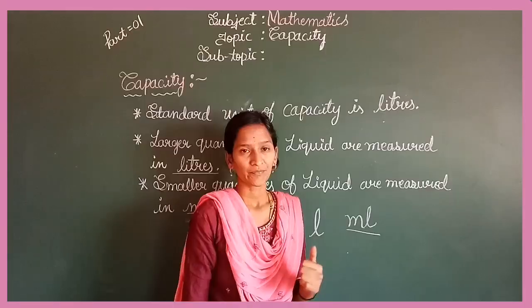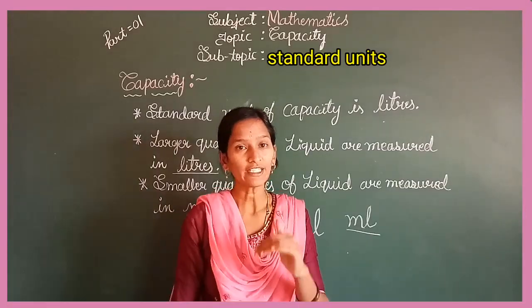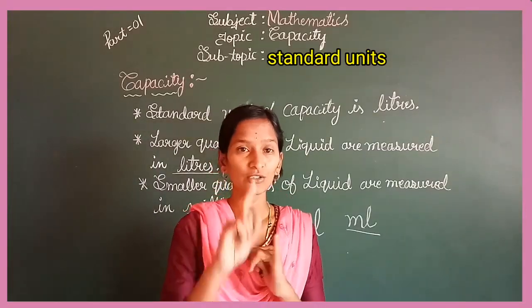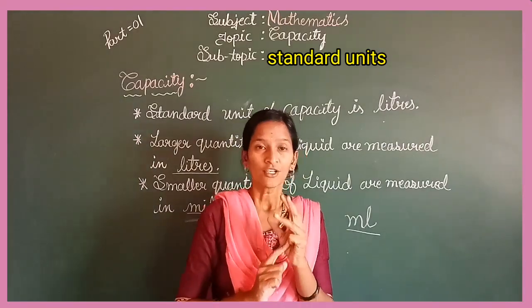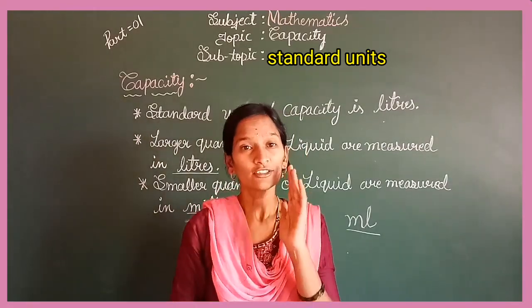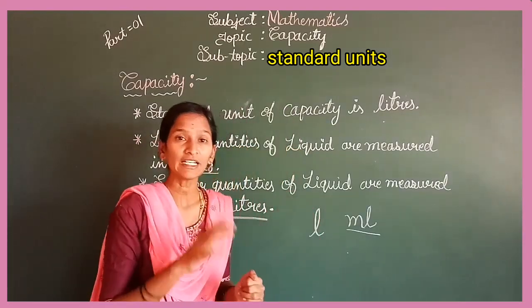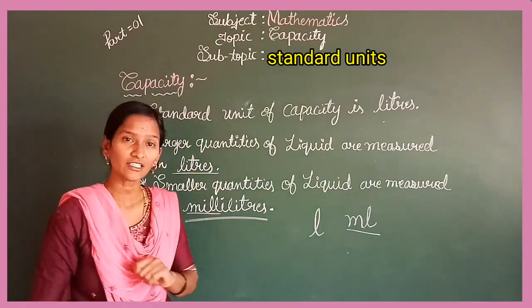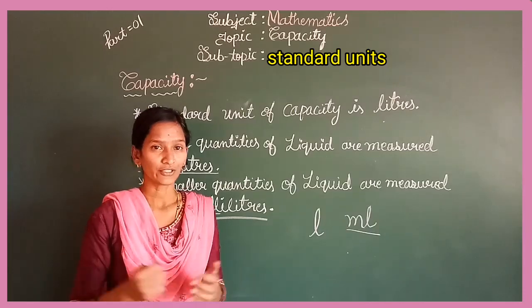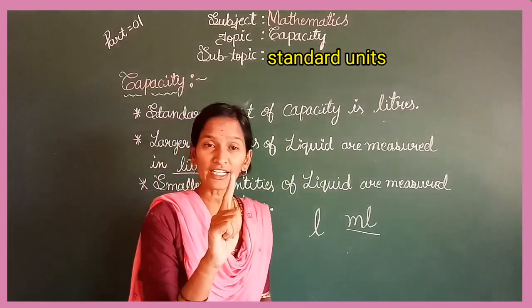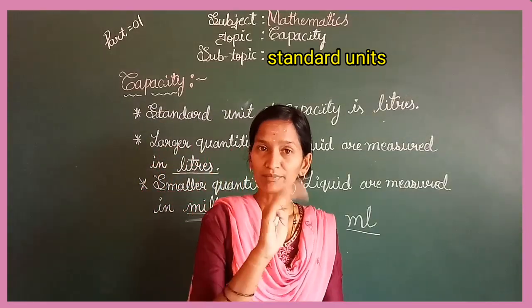Okay students, you already learned that 1 meter is equal to 100 centimeter, right? And 1 kg is equal to 1000 gram. In the same way, how many milliliters are equal to 1 liter? You don't know, right? So students, 1 liter is equal to 1000 milliliters.